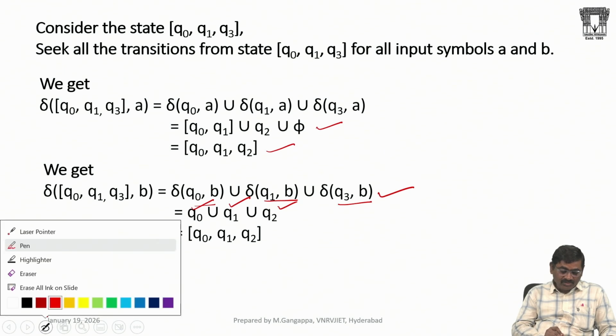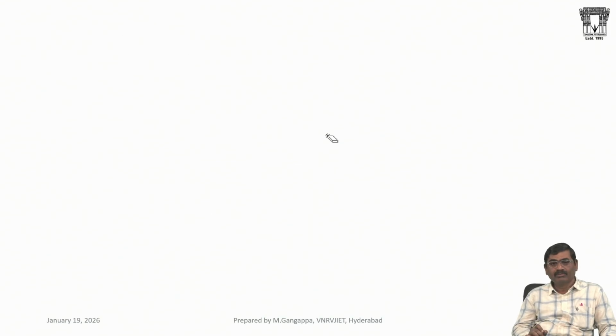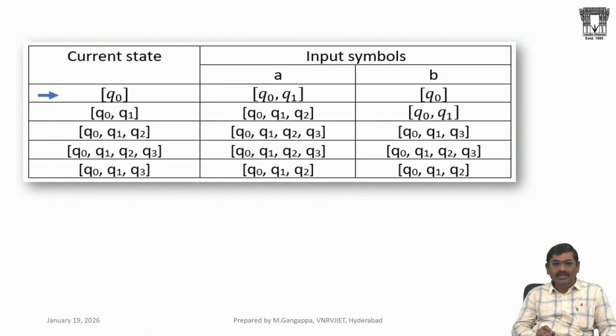Now we should mark all these values in the DFA table as shown below. So for the state Q0, Q1, Q2, Q3 with input A, the next state is Q0, Q1, Q2, Q3.